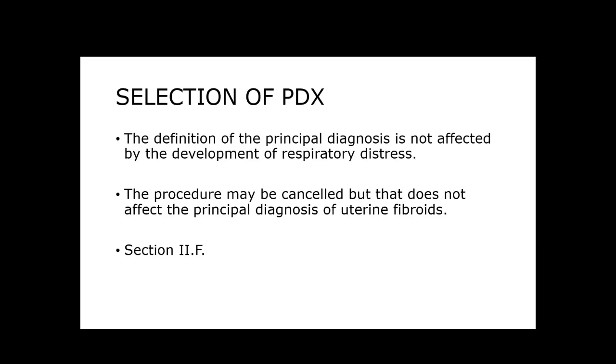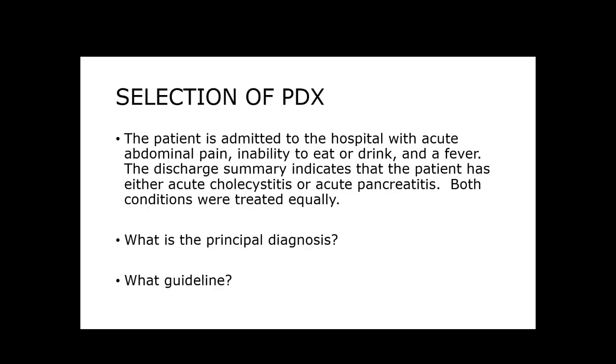And even though that procedure is canceled, it does not affect the selection of the principal diagnosis. And if you look in your book on page 93, section 2F, that's the guideline that supports the selection of this principal diagnosis.